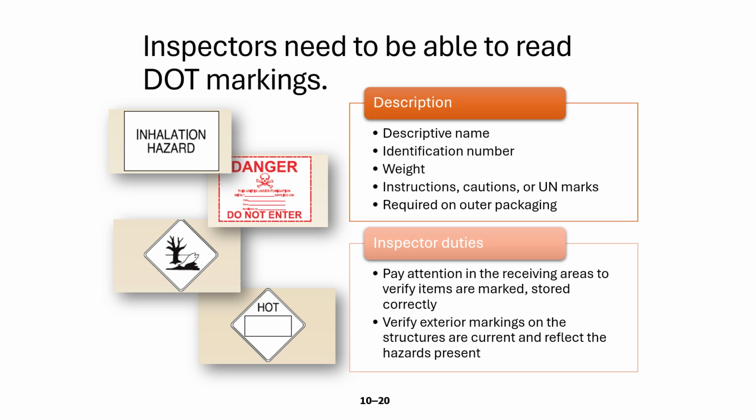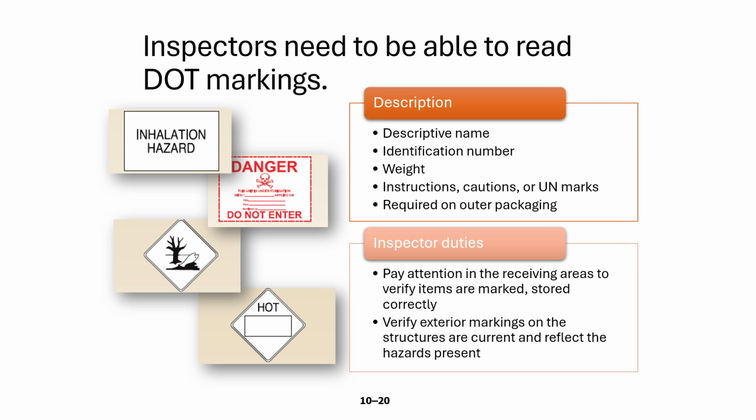As inspectors, we do have to pay particular attention in the receiving areas of warehouses and plants or businesses to verify the hazardous materials are marked correctly and that they're stored in the manner required.